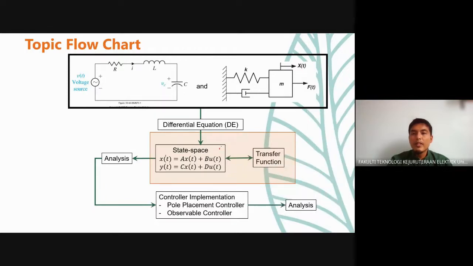Today we just focus on this area only, from state space to transfer function. After the midterm break, I will focus on how to convert the transfer function to state space. So this is our focus here, from state space to transfer function, and this one is after the midterm break.